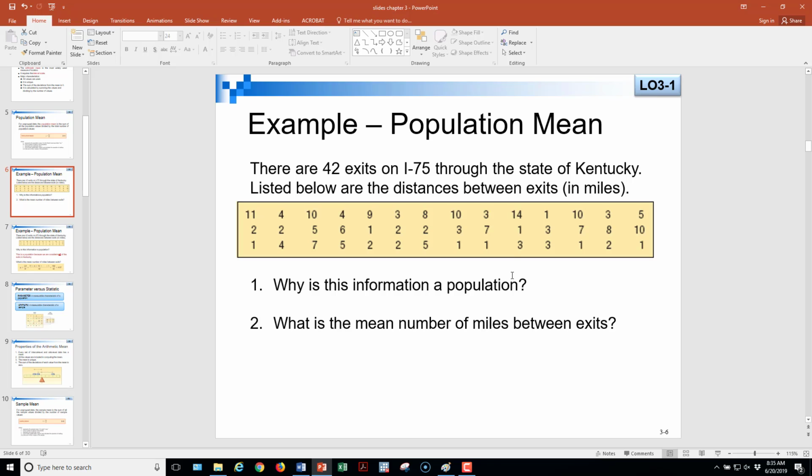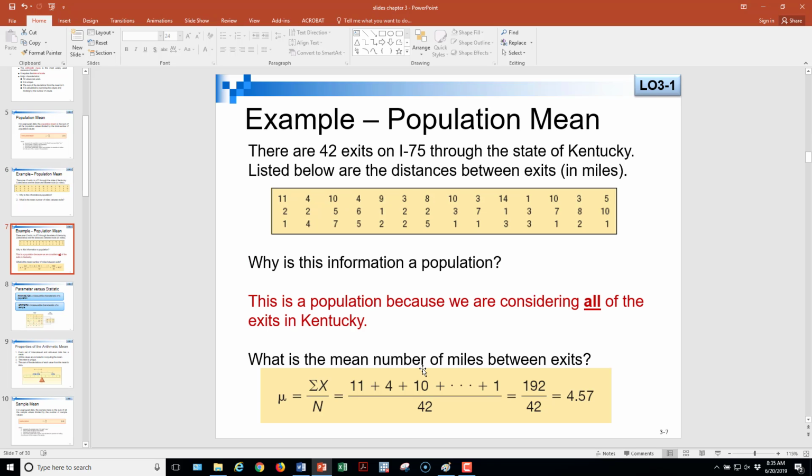This is the case of a population mean because we are considering all the exits, not just a sample. Of course, it will be adding all these numbers, as shown here, divided by 42, and you get 4.57.